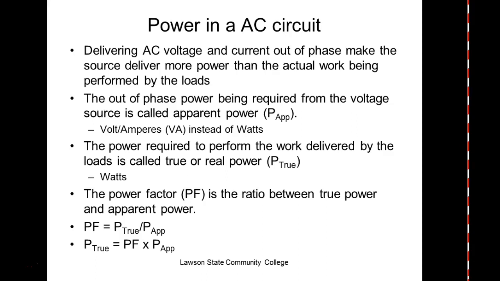So if you've got all these companies running a bad power factor, then Alabama Power would have to put bigger transformers out there. They would have to put bigger generators. They would have to put bigger conductors. So Alabama Power doesn't want you to run a bad power factor, and that's why they require at least 95%. If you get below 95%, they charge you extra. So you get a penalty.